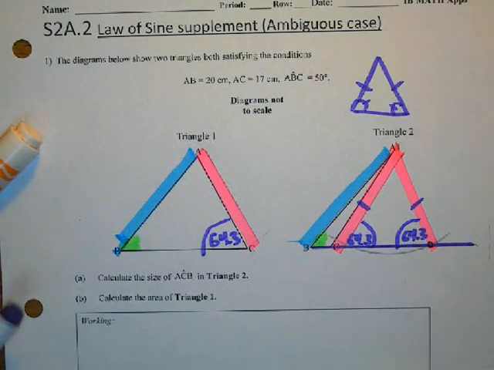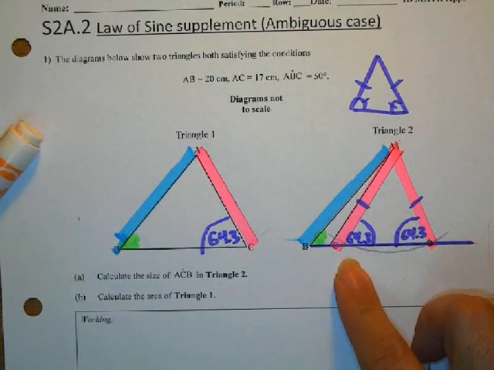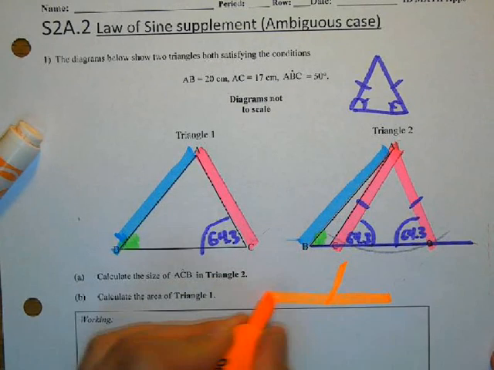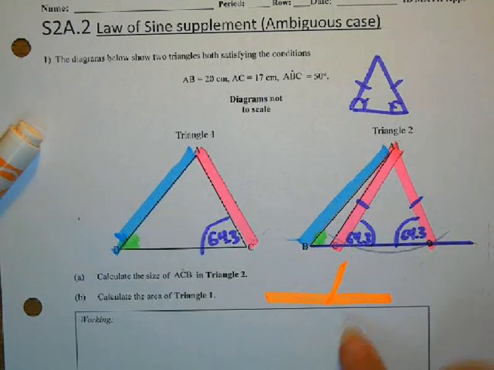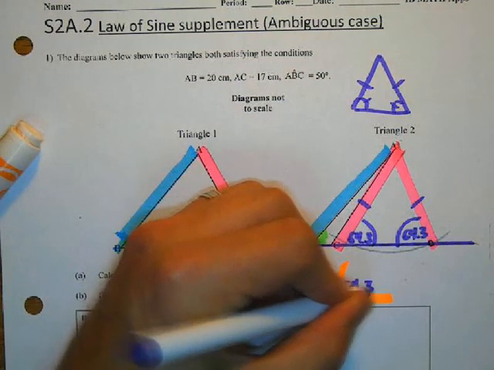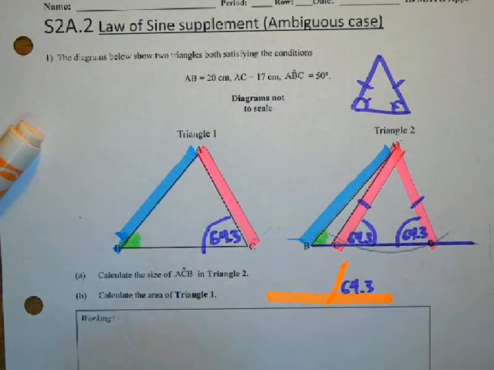Now the other thing we know is, if I've got a line, and we know this is 64.3, we can use the fact that this is a linear pair.